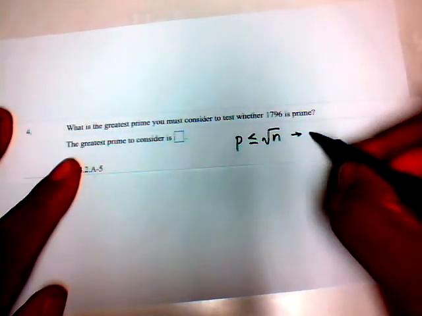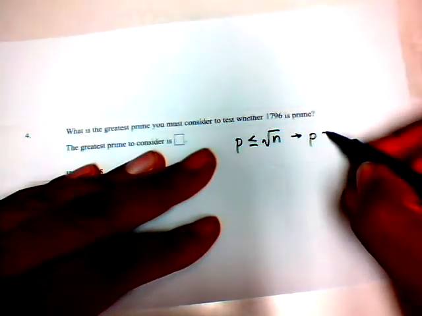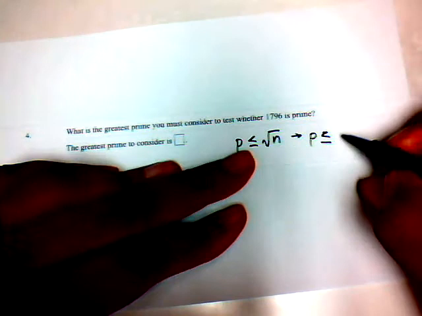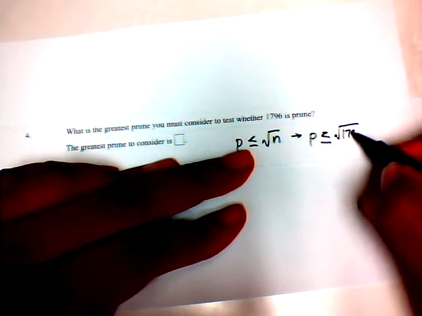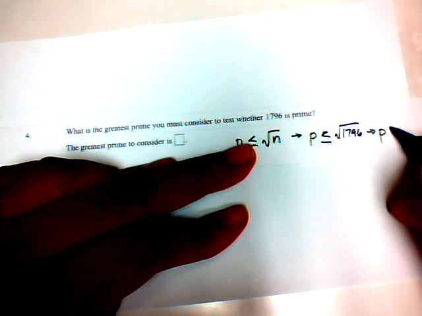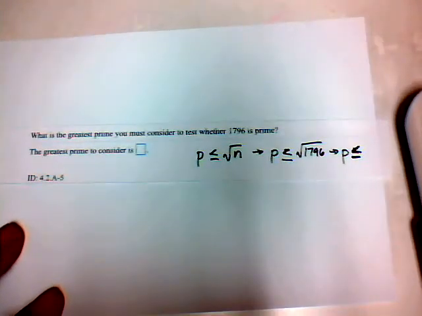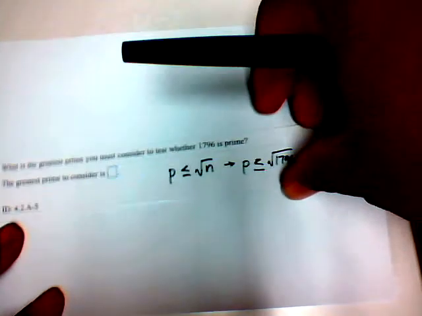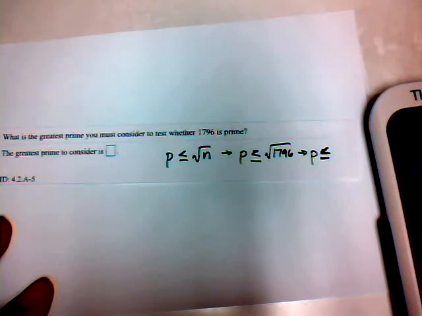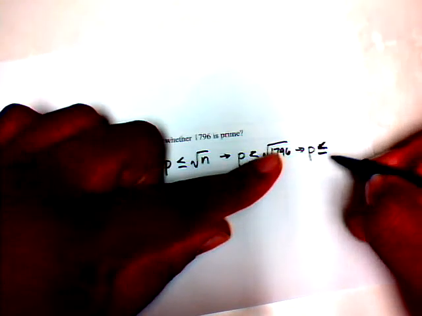So in this case, we're going to test p, which is less than or equal to the square root of 1796, which means p is going to be less than or equal to, and if we take the square root of 1796 on our calculator, okay, you'll get 42.